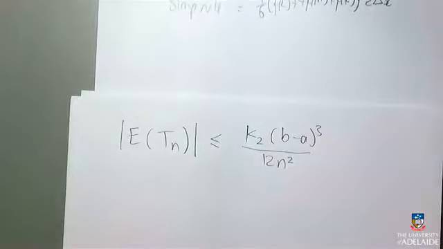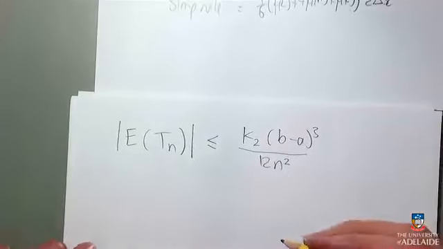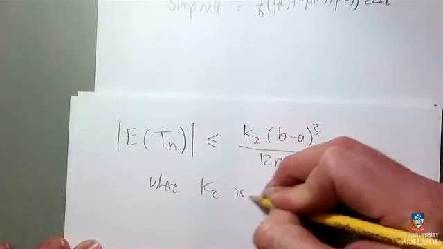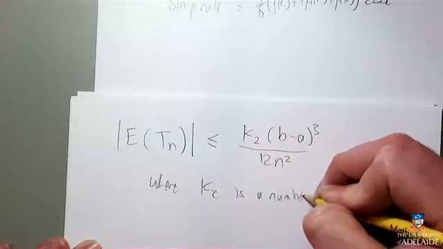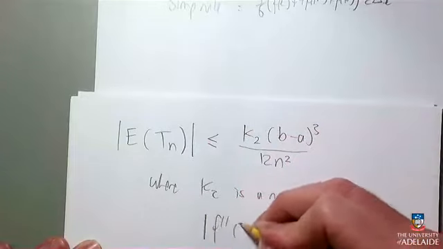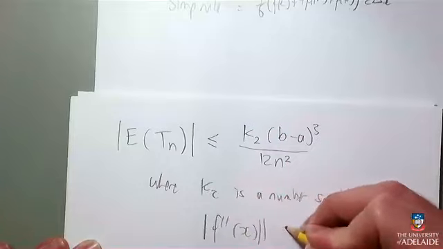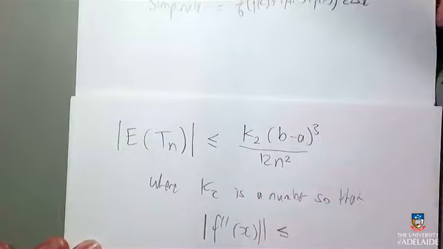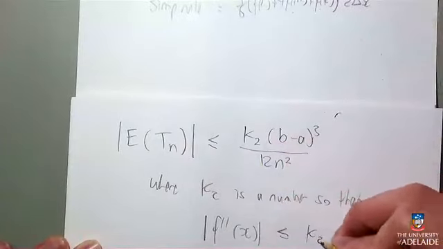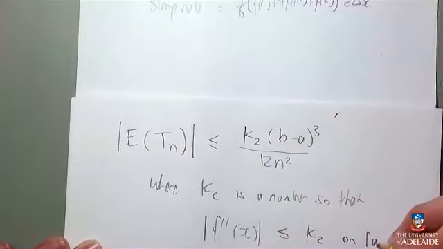And it doesn't tell me what the k2 is. K2 is a number so that the absolute value of the second derivative of your function is less than or equal to k2 on the interval AB. That's what that means.